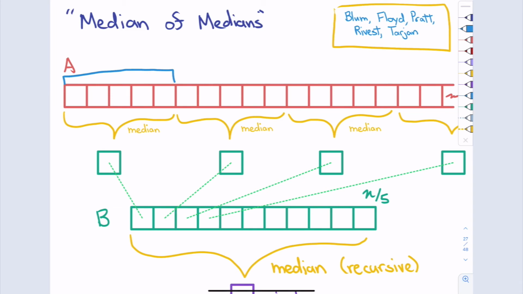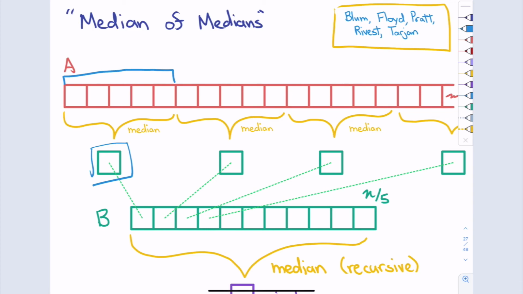Out of those 5, I'll do a few comparisons and extract out the median of the 5. That'll take constant time for each set of 5. And so each of these green squares represents the median of a set of 5 in your input.